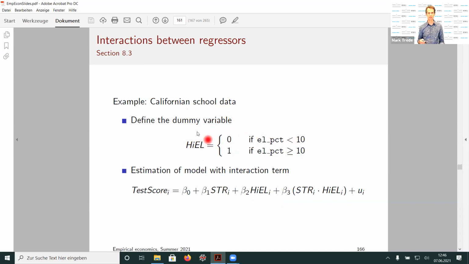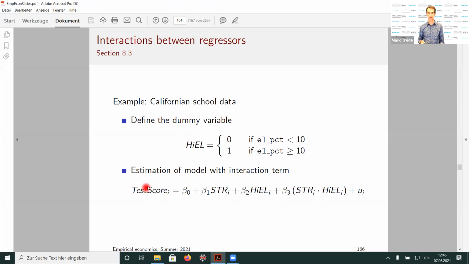Okay, so it's kind of a coarse variable that tells us whether the students are disadvantaged in a certain way because English is not their native tongue. Then it's 1, and if it's 0, there are only few students that don't speak English as a native tongue.